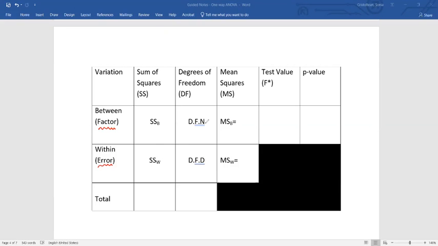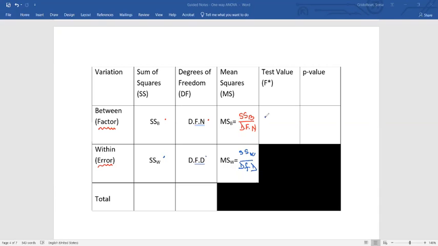The mean square between is the sum of squares between, what's in here, divided by the degrees of freedom numerator, which is right here. Same thing for mean square within. We have a fraction line. On the top, we have the first number in this row, which is the sum of squares within. And on the bottom, we have the degrees of freedom of the denominator.